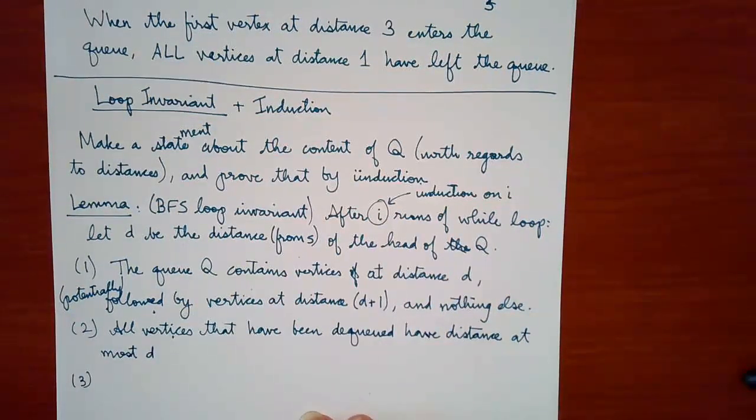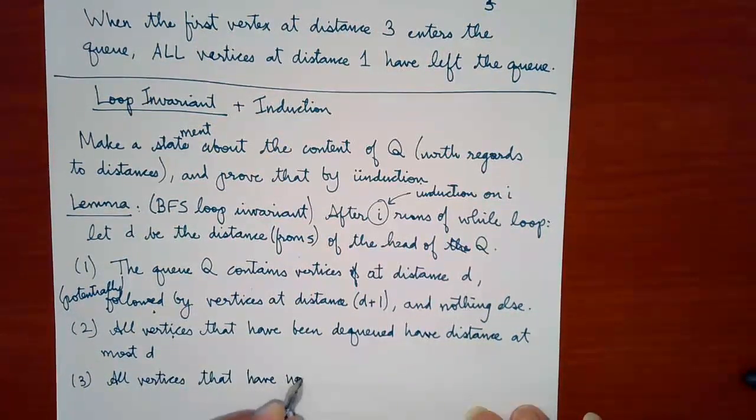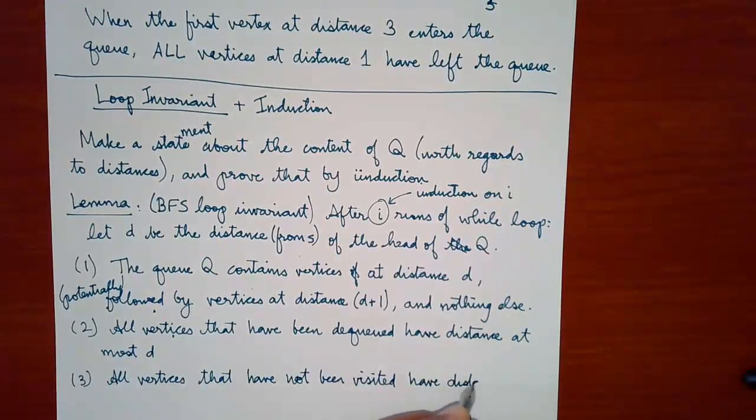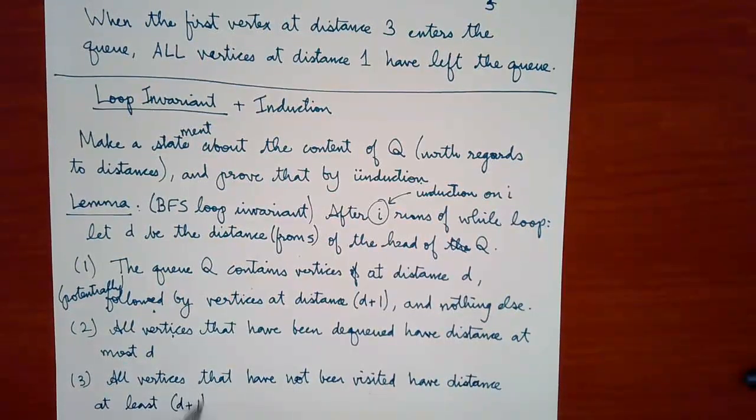And finally, all vertices that have not been visited have a distance at least d plus 1. Okay?